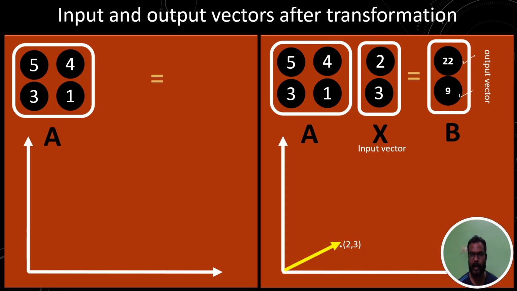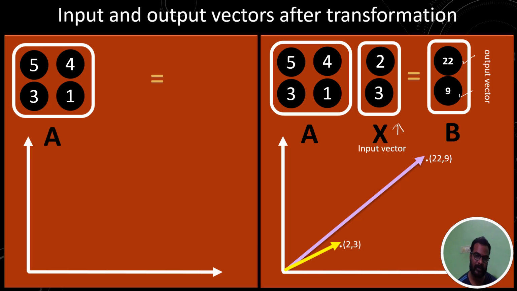Again I am drawing this vector 22, 9 in a graphical manner. It looks like this. What you have observed is that whenever you multiply the given matrix with the input vector, the given vector has been scaled.